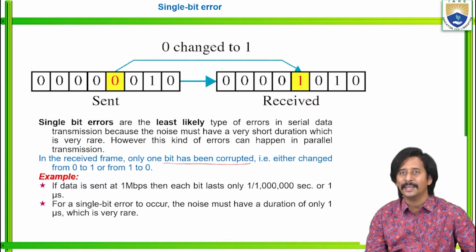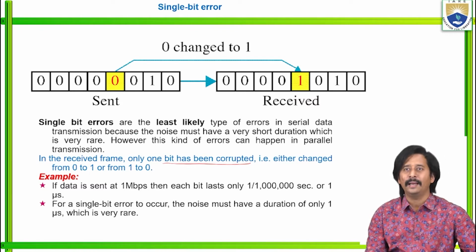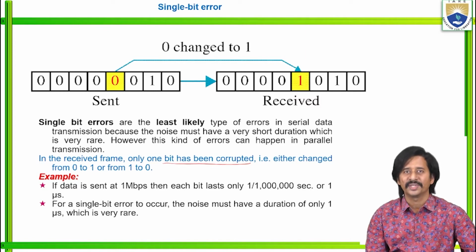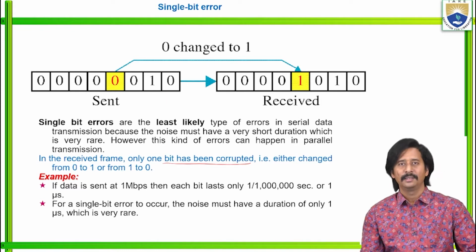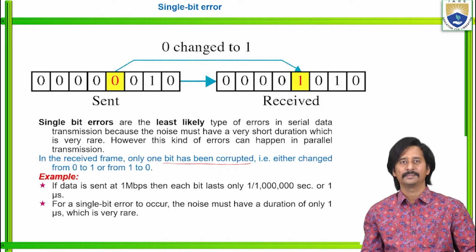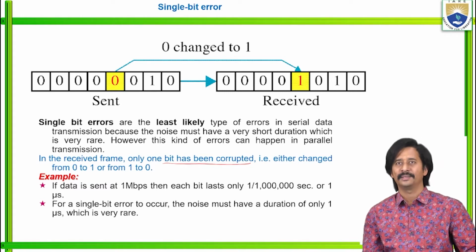These single bit errors are the least likely type of errors in serial data transmission, because the noise must have a very short duration, which is very rare. So this kind of error can happen in parallel transmission.